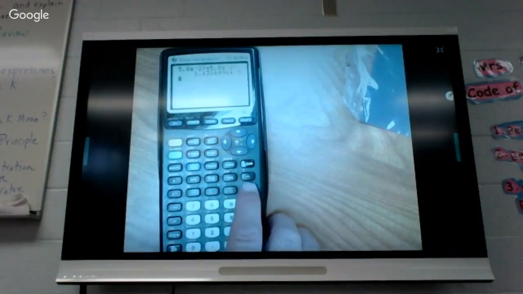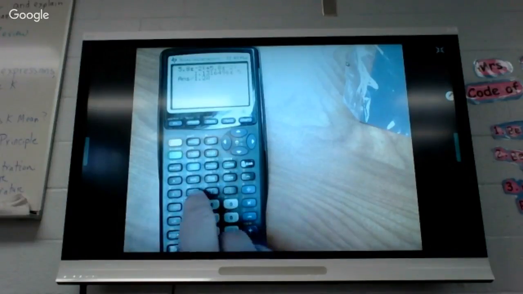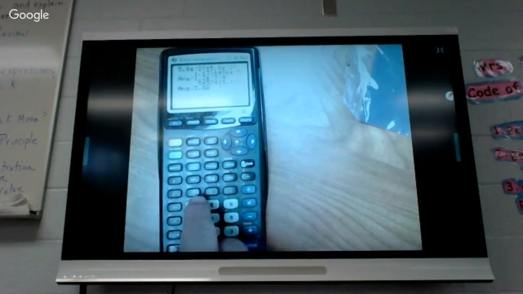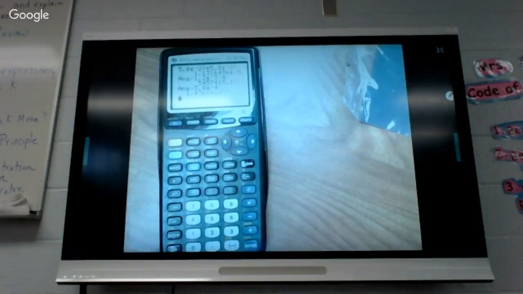Okay, divided by 1.2 second EE -3 raised to the 4th, and I hit enter. So I've divided by the first number on the bottom. Divided by 3.8 second EE -4, enter.